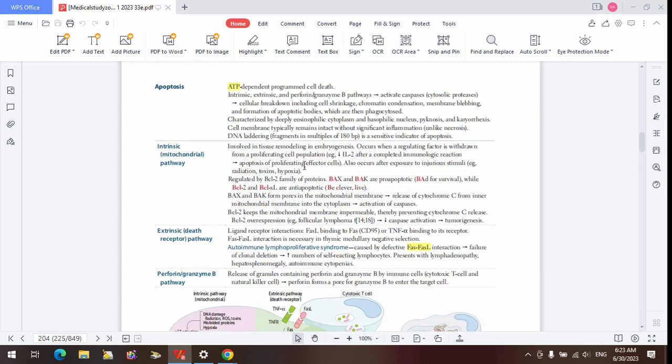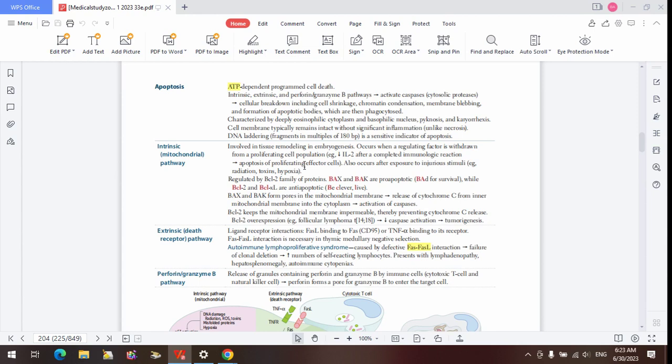So what are the mechanisms by which the cell can die? We've talked about necrosis as irreversible cell injury. Another one is apoptosis. We said this one is typically the major route for taking out cells that are programmed to die, cells that we know are going to die when they get to some particular time or period.